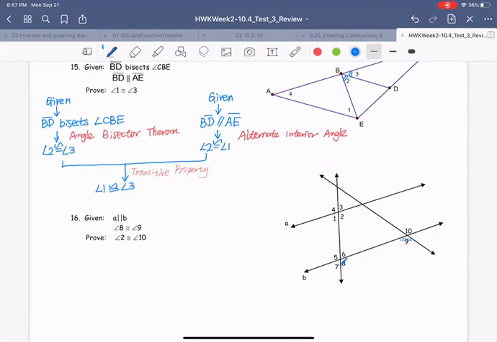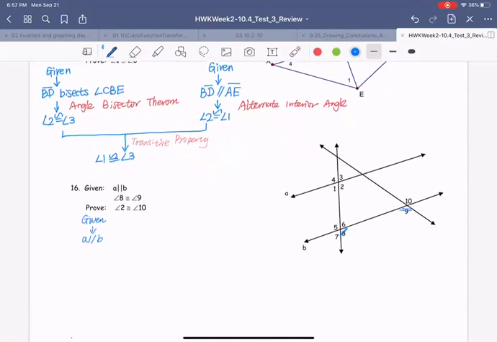Now you want to prove that angle 2 equals angle 10, right? So we always start from the given. Given A is parallel to B. Even if you have trouble doing the whole thing, you can write down as much as you can to win your points.